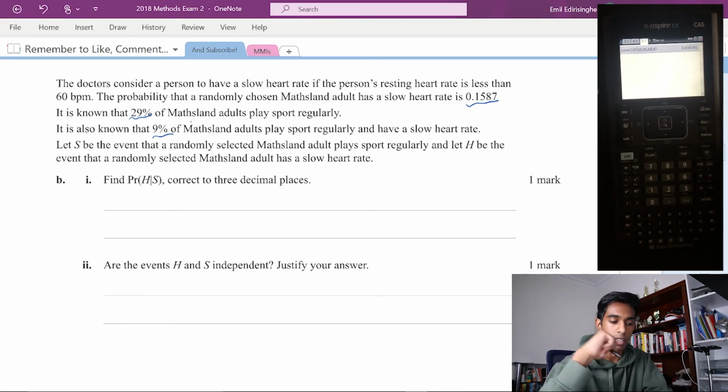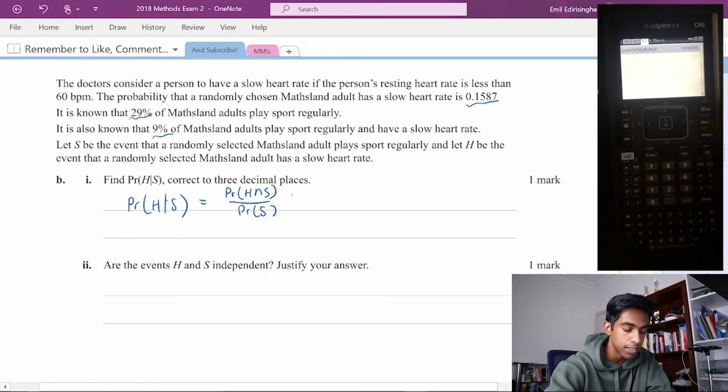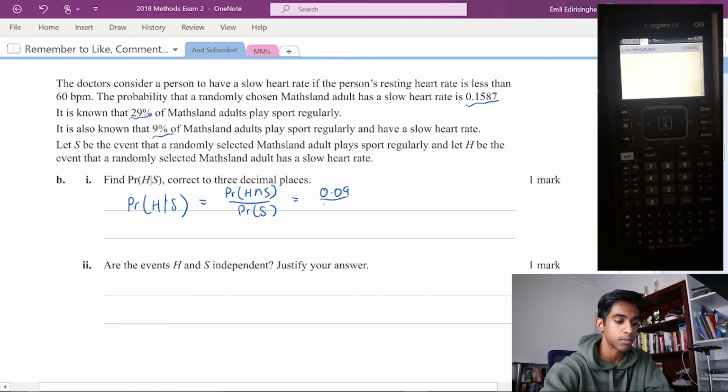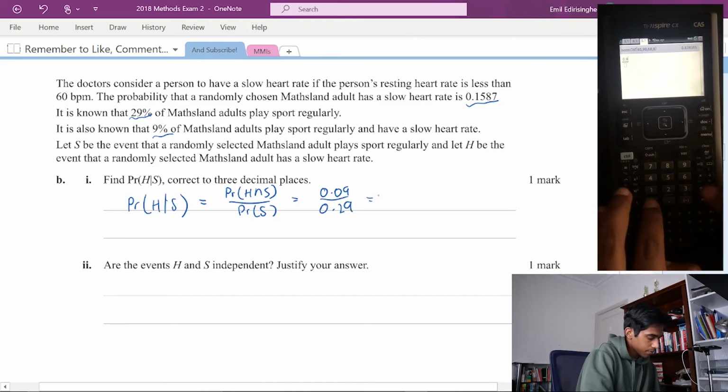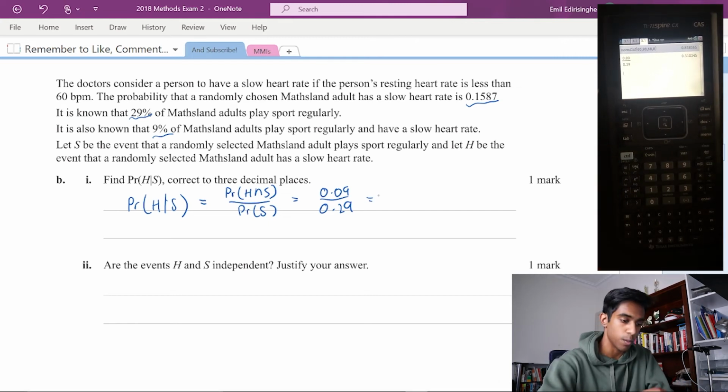And then we've got S is sport regularly, H is slow heart rate, and we're finding H given S. So the probability of H given S is going to be the probability of H and S over the probability of S. And this is going to equal, H and S is 0.09, and the probability that they play sport is 0.29. So that is going to be 0.310.